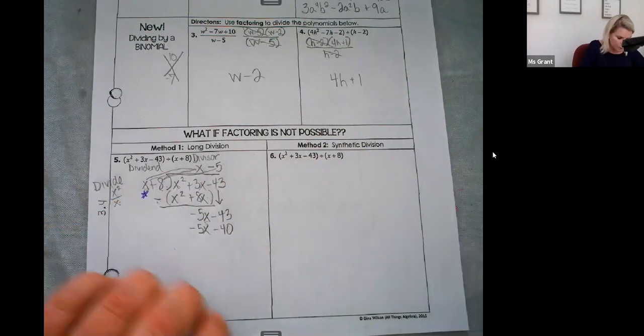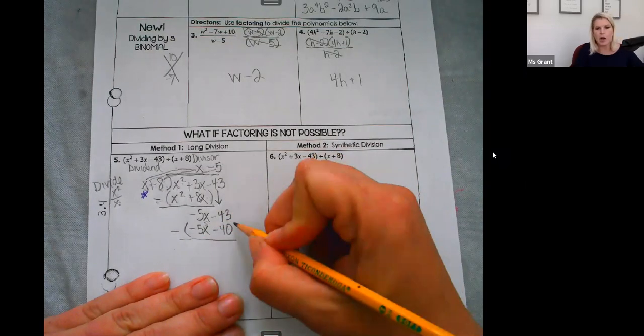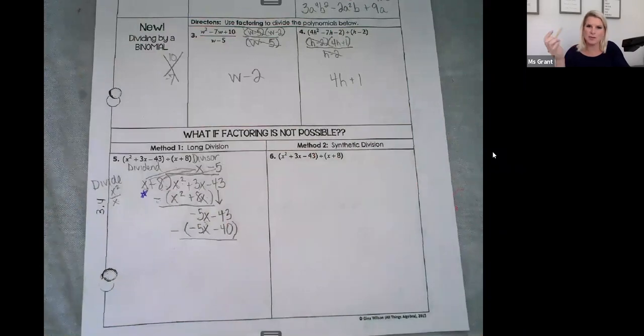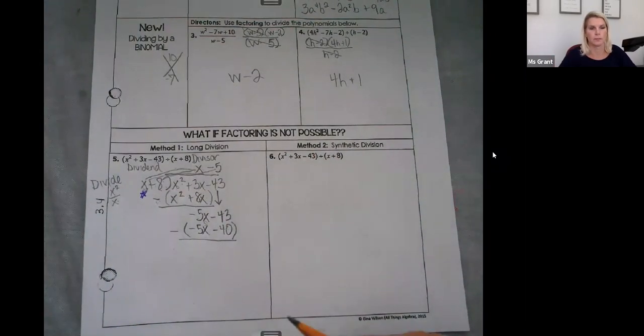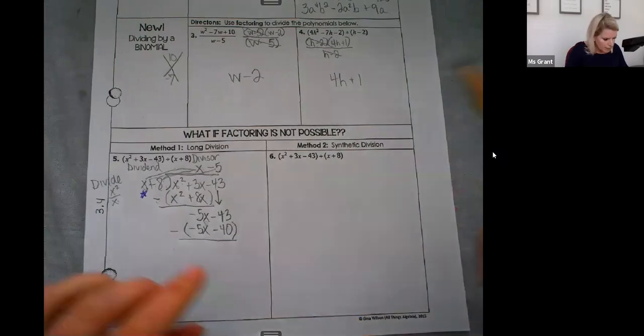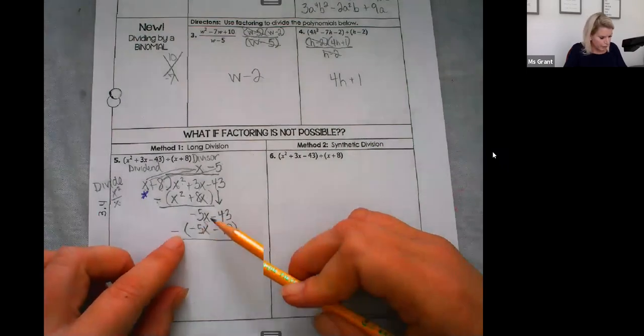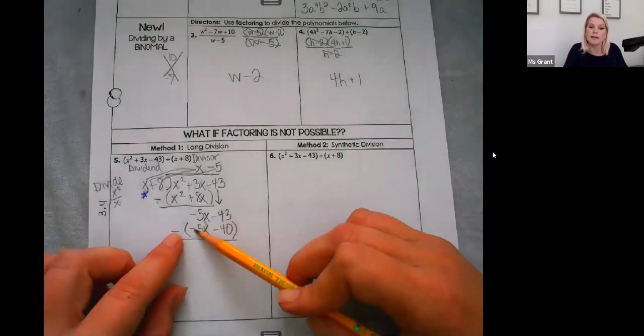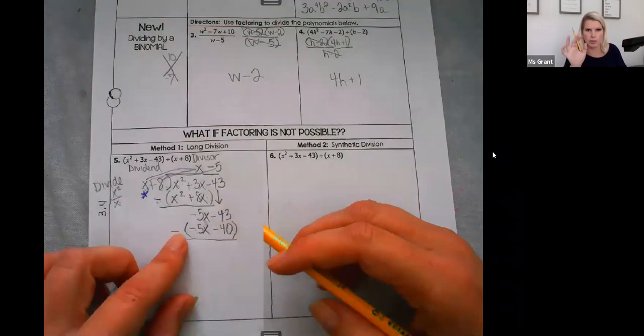Okay. Draw my line and I'm going to subtract. Since it's a binomial, I need to make sure I'm doing the distributive property here. Negative 5x minus negative 5x, negative 5x plus 5x is 0. So you leave it empty.